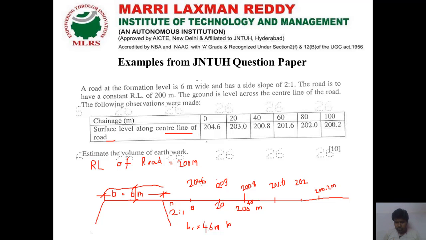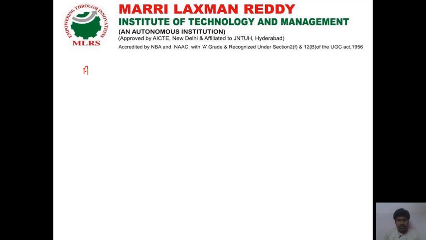H2 is 3 meter, H3 is 0.8 meter, H4 is 1.6 meter, H5 is 202 minus 200, which is 2 meters, then H6 is 0.2 meters.